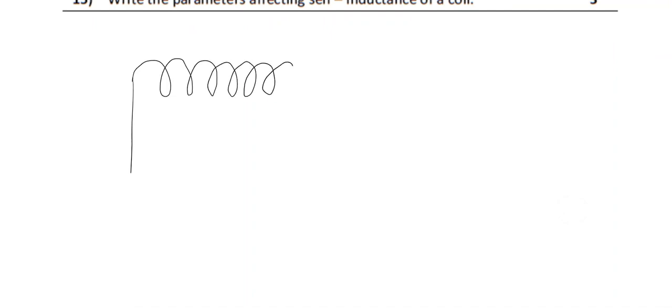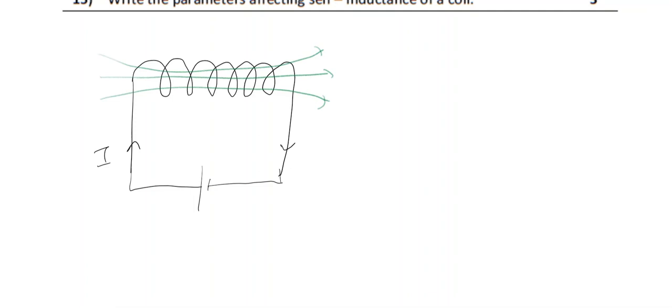Consider a coil connected with a battery. Say this is a coil with n turns and I have connected it with battery. Now we know that as we pass current, say current I through the battery, we have magnetic field produced, and so can I say that there is flux linked with this coil?